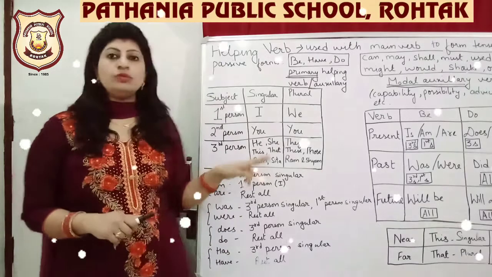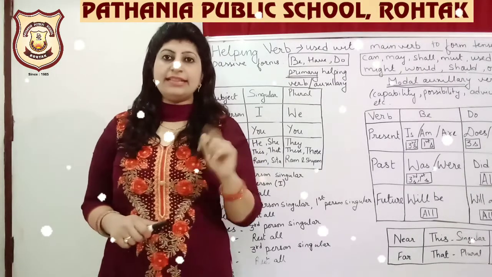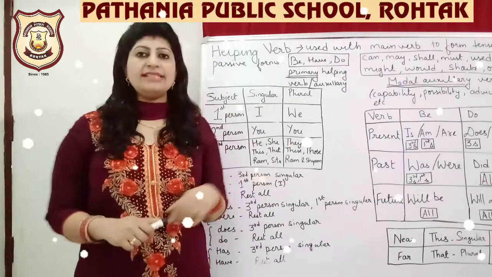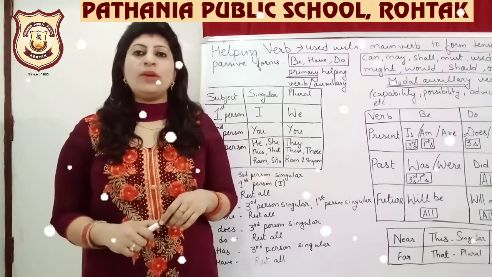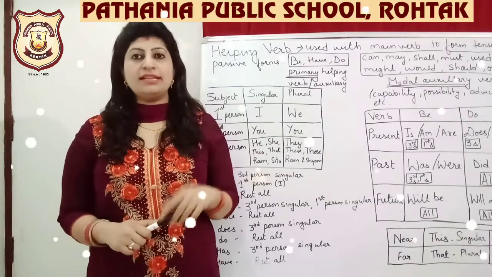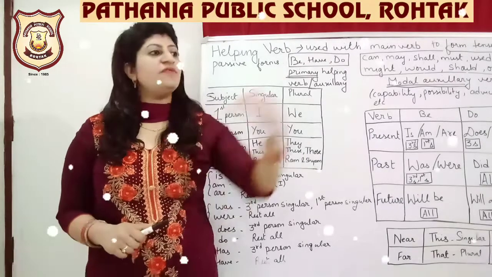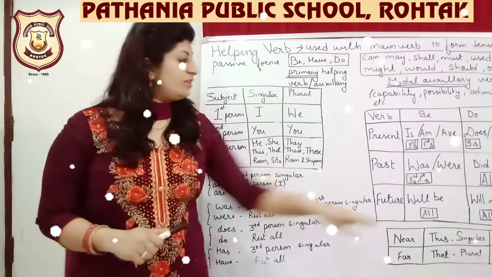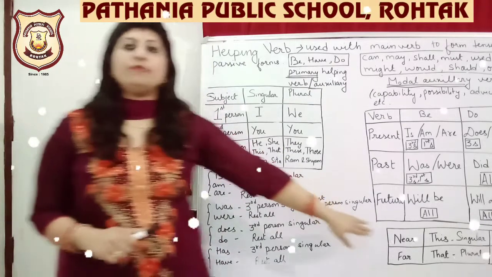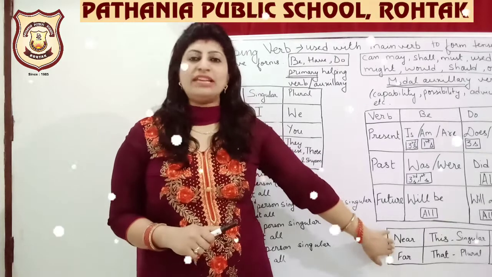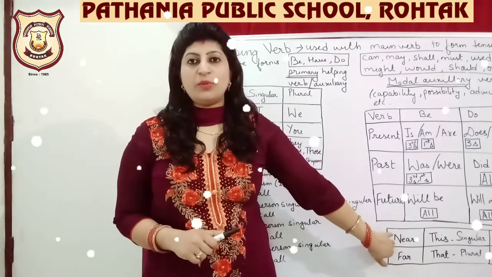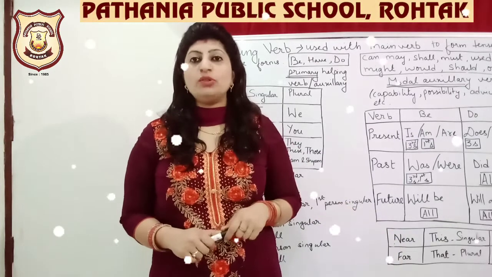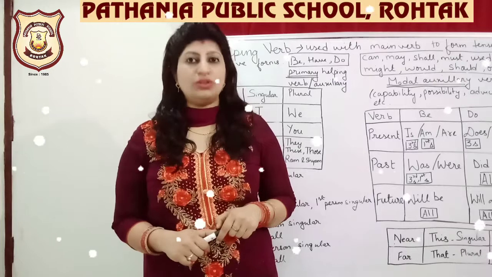When I want to show a single thing to you, I'll say this. Okay. When I want to show something which is singular but which is far away from me, I will say that. Okay. So this chart you can see I have made for clarifying this very fact only. Where to use this, where to use that, where to use these and where to use those.